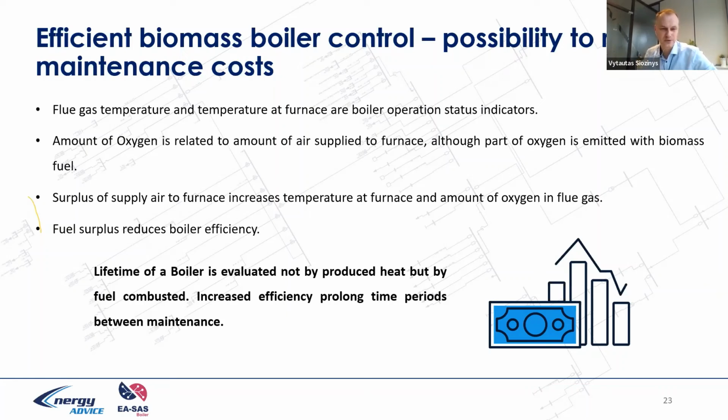And so surplus air supply to the furnace, increased temperature at the furnace, the amount of oxygen in flue gas, and fuel surplus reduce boiler efficiency. And finally, the lifetime of a boiler is evaluated not by produced heat or fuel combusted, but by increased efficiency for long time periods between maintenance.